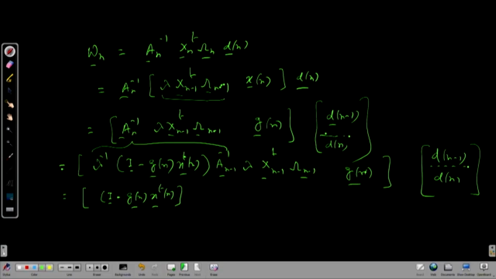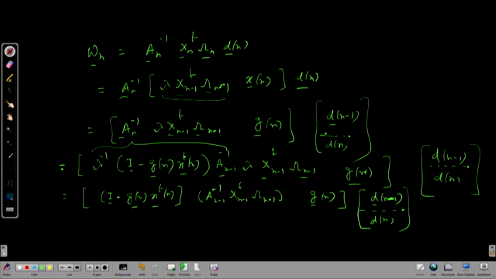This is a matrix, identity matrix minus column vector into row vector, which is a matrix, times this much, this much and G n into this. Okay. Now, this is a matrix, this is a matrix, matrix into matrix is a matrix. So, this matrix and this is a column vector.